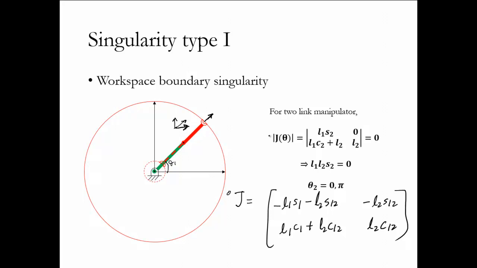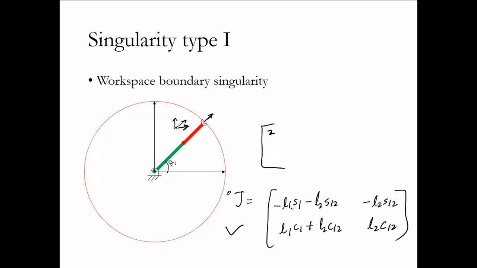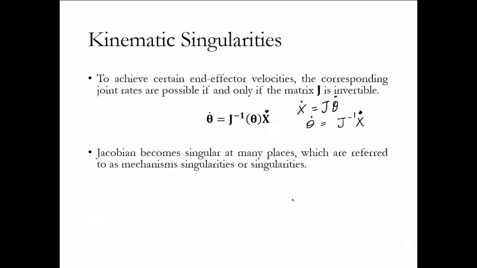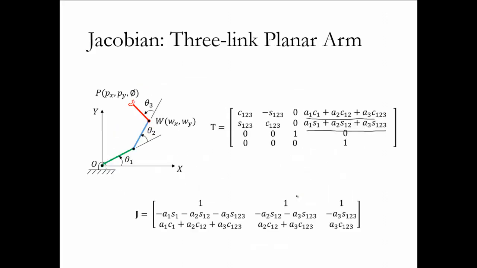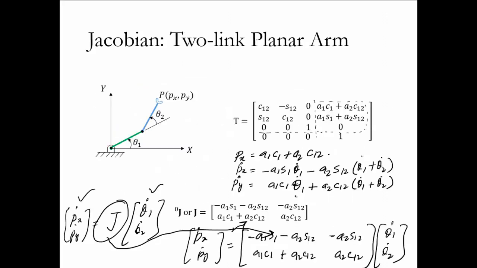This is the Jacobian in frame 2. You can leave this part initially. This one can make you grasp this easily. This structure is exactly similar to the two link Jacobian, this one.